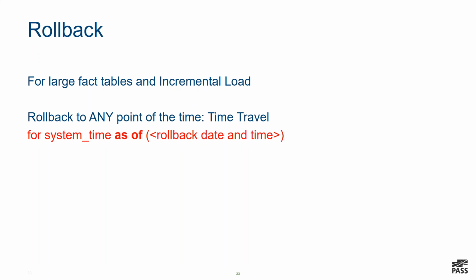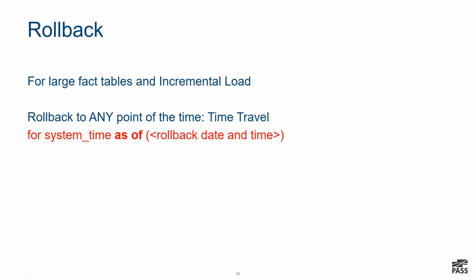So I had a demo of implementing rollback without temporal tables, with a normal SQL Server database table. I added 3 columns to do that, and now temporal tables do exactly the same. So if I have my fact table as a temporal table, I can roll back to exactly any point of time I want, right?